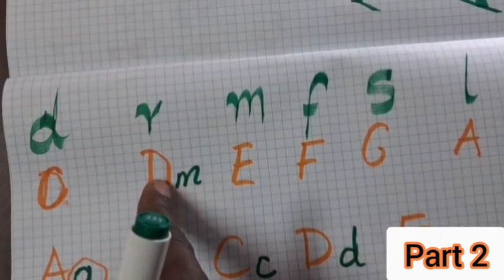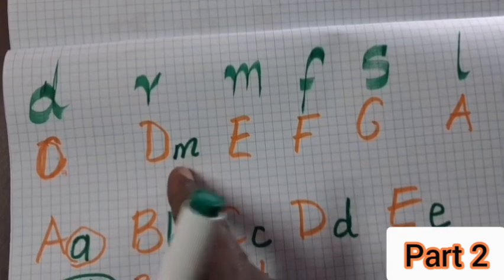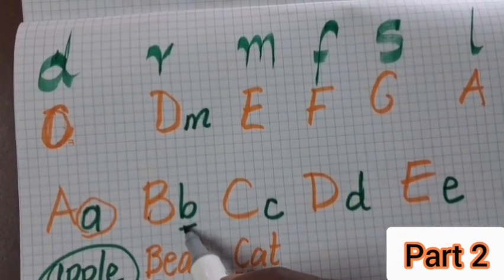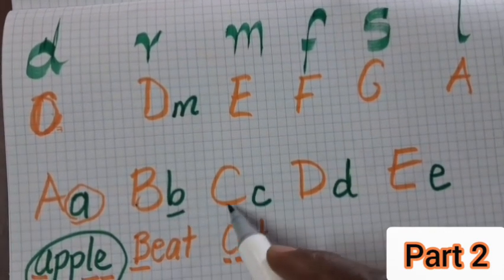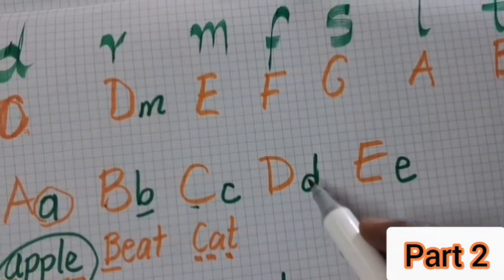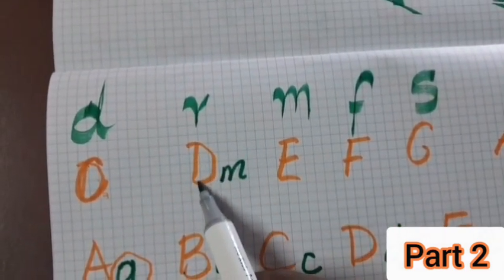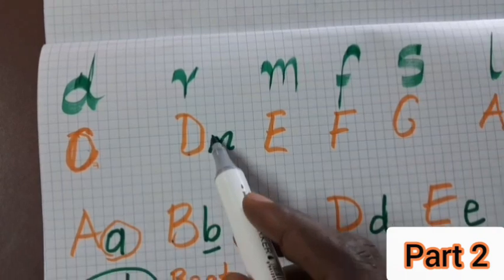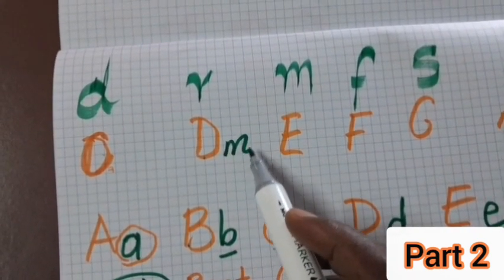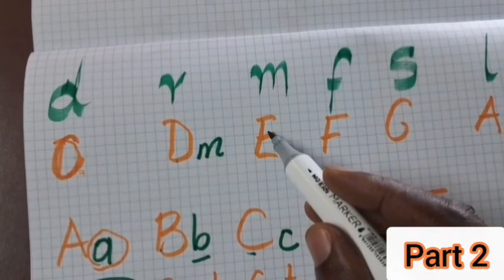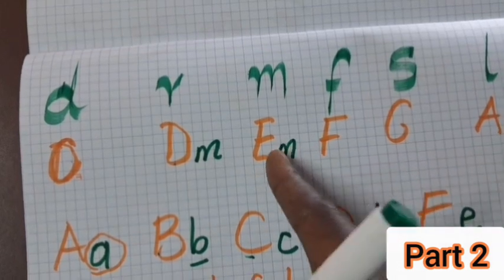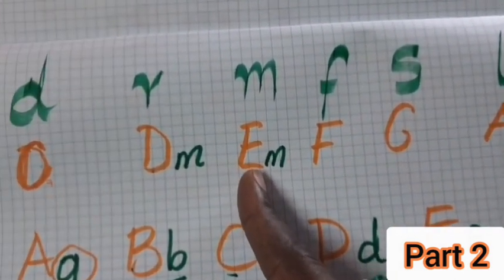You are not going to play D, you play D minor, the way C changes to K. For this E to change to the sound of mi, you make it E minor.